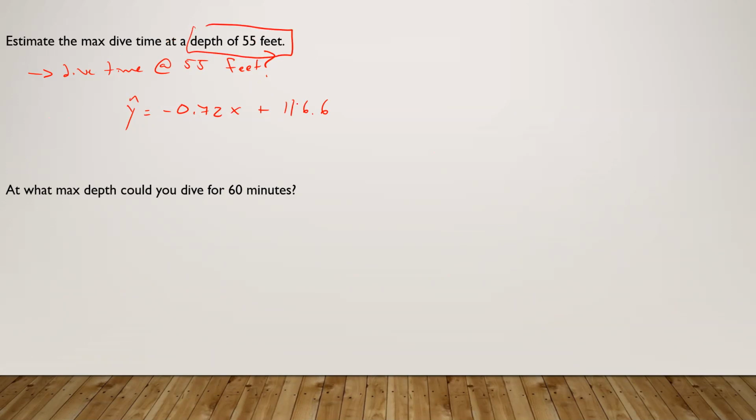Which variable am I giving you? So all you have to do when you're given x is plug into the equation. Wherever I see an x, I'm going to plug in 55.